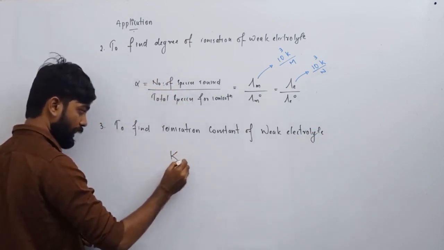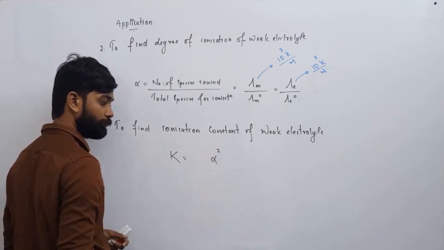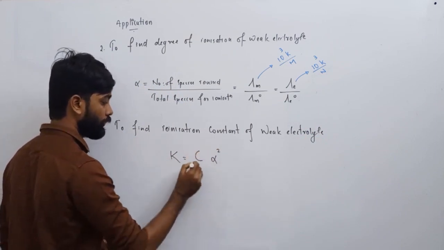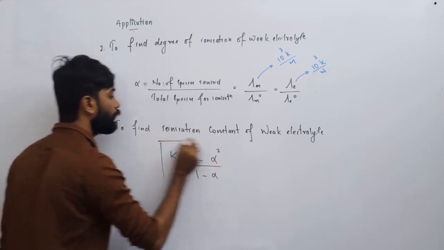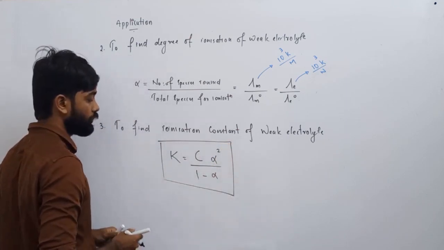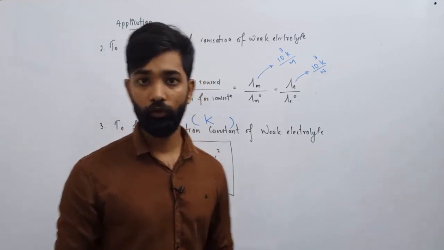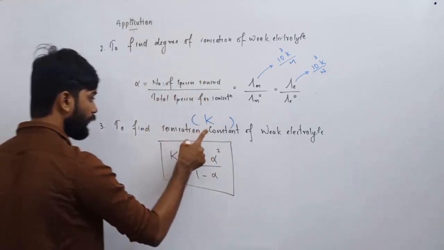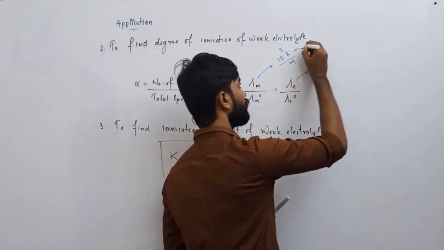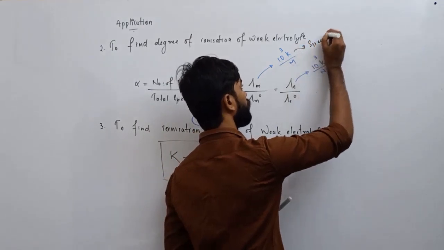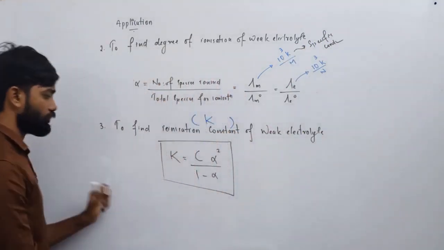Once you have the alpha value, take the square of alpha, multiply with the concentration, and divide with 1 minus alpha, then you obtain the ionization constant K. Here K is the ionization constant and it is not equal to the conductivity kappa. This K is the ionization constant, but kappa is the specific conductance, pronounced as kappa, and this is simply K.